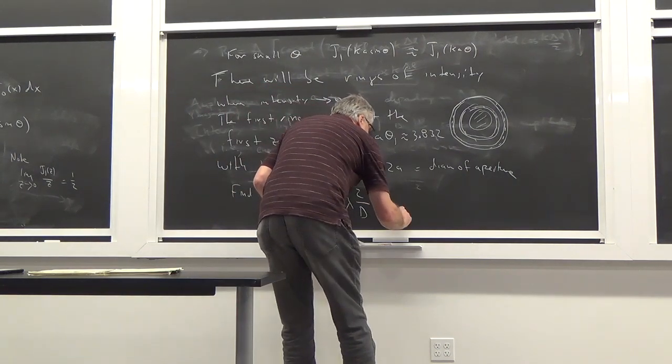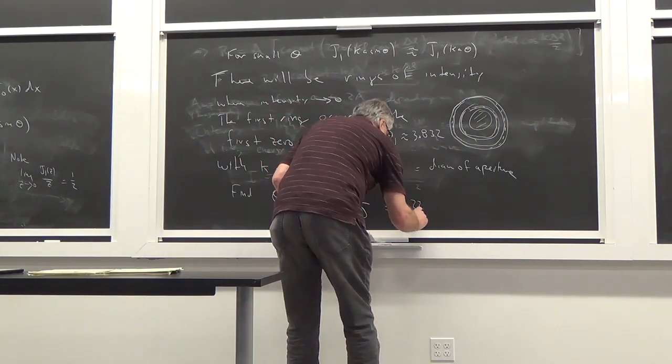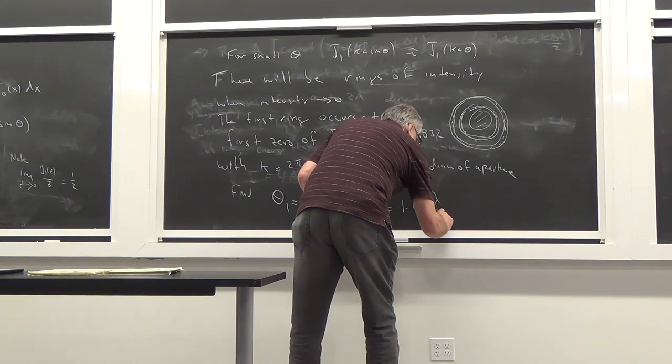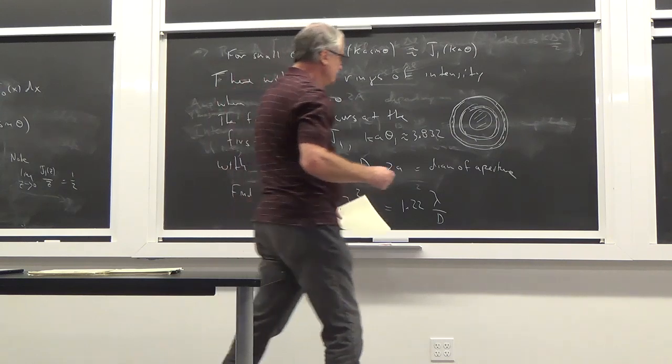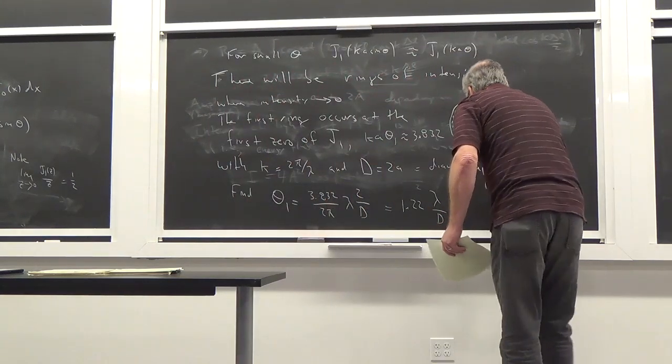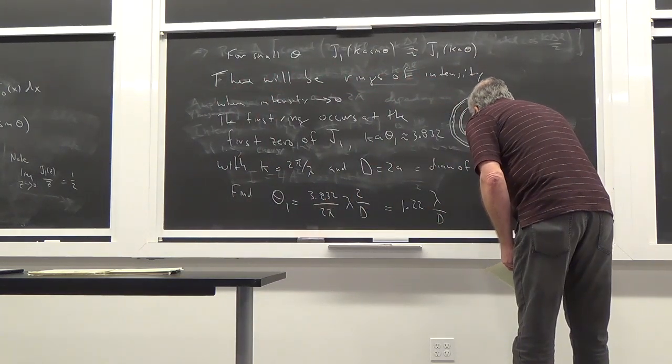It's actually 1.22 lambda over D. This central spot is known as the Airy disk.